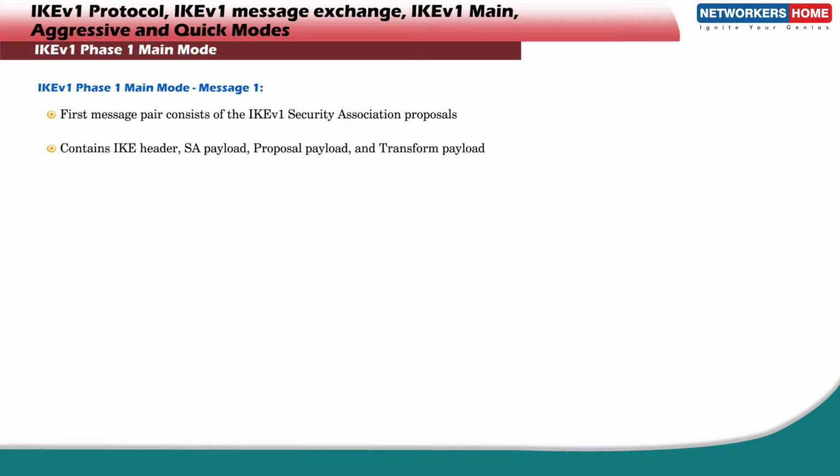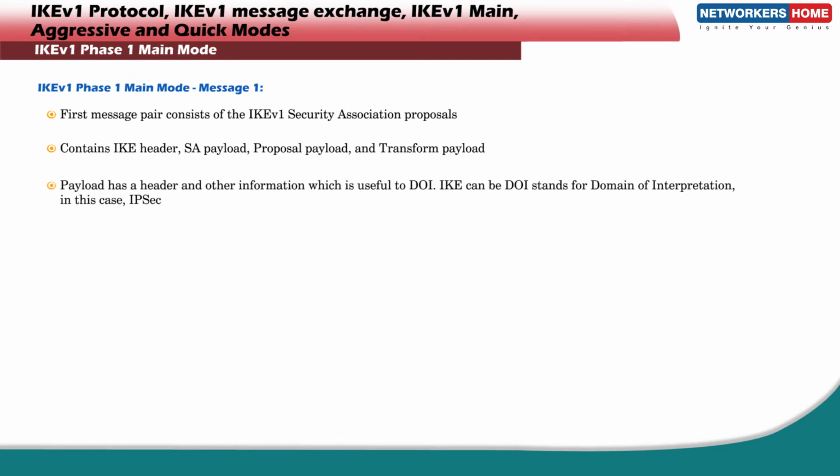IKE uses different types of payloads to share information about common security association and keys. Payload has a header and other information which is useful to DOI. DOI stands for domain of interpretation, in this case IPsec.